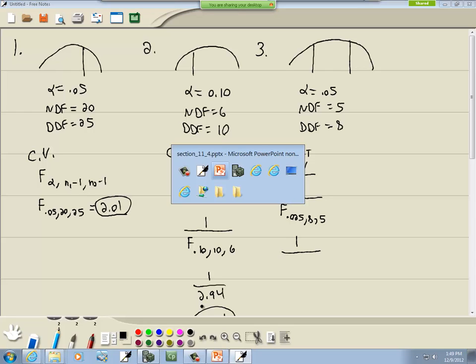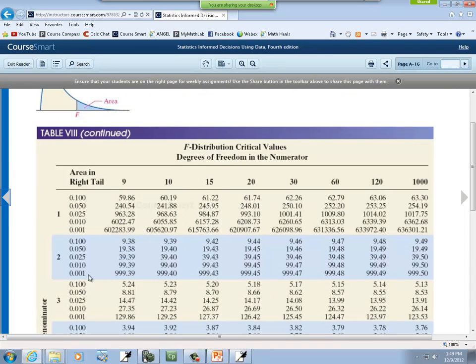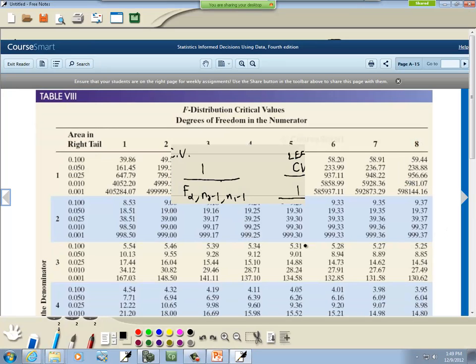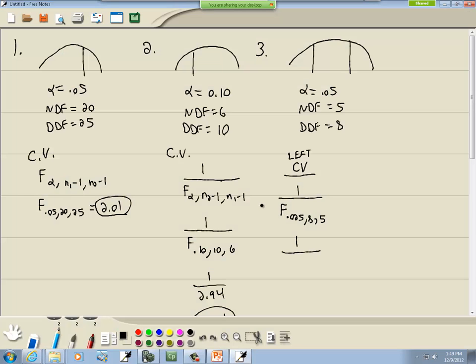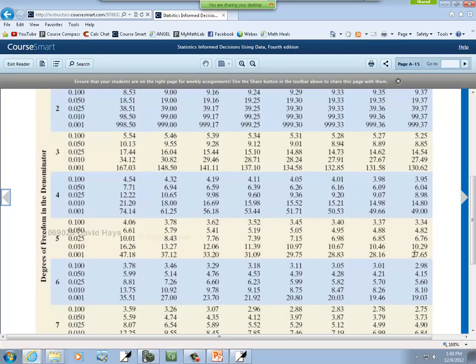Okay, so 8 and 5. Here's 8. Always the number that's first. For example, 8 is first here. That's your number across top. And then 5, so we'll scroll down. Here's the beginning of the 5s.